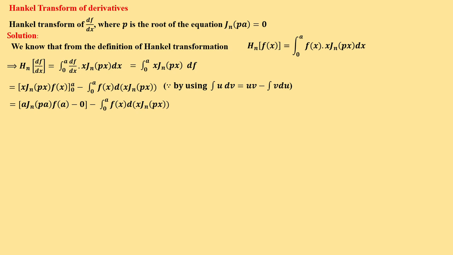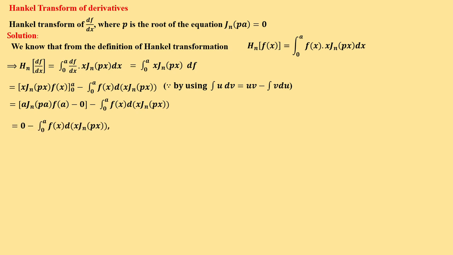Applying the upper limit, replacing x by a, we get a into Jn of pa into f of a, minus, replacing x by the lower limit 0, 0 into something, minus integral 0 to a f of x into d of x into Jn of px.